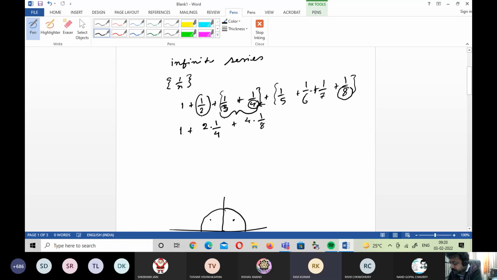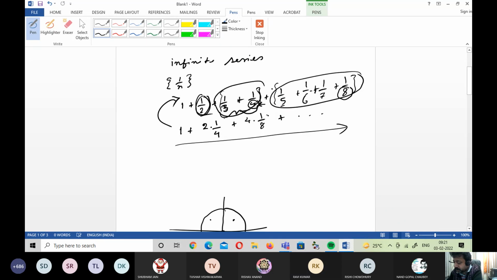Sir, we can write a general term, n plus 1 by 2. If this series is divergent, then obviously this will be divergent because this is higher. Yes, sir. Okay. So 1 by n is a divergent series. I am showing you.